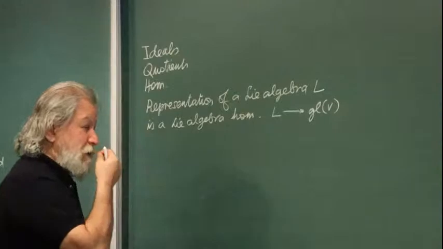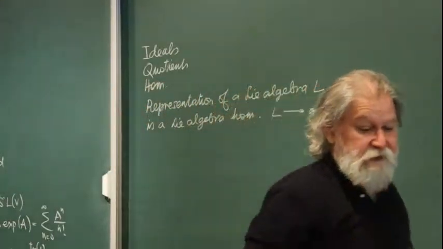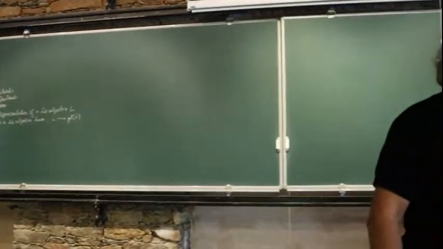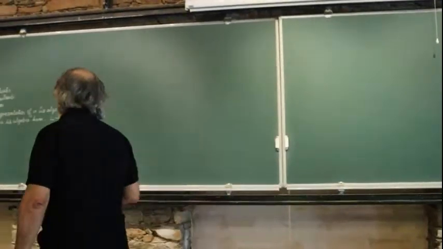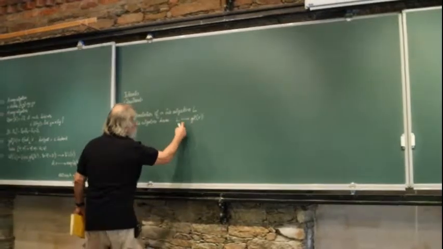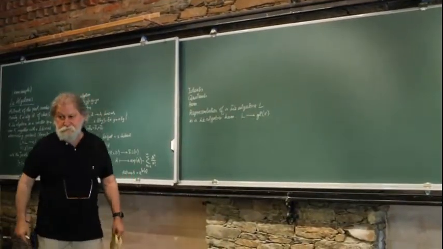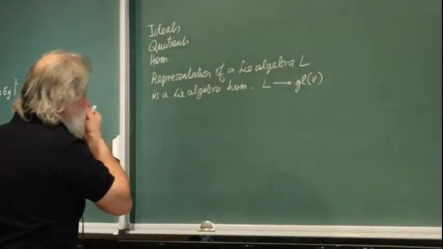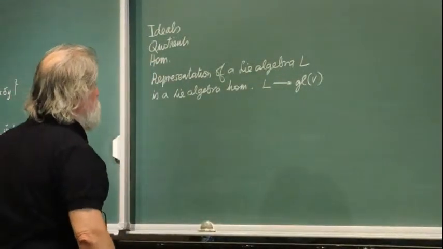So you represent it as a linear Lie algebra. Well, it may not be faithful. You know, this may not be one-to-one. Okay? You may lose some knowledge here.